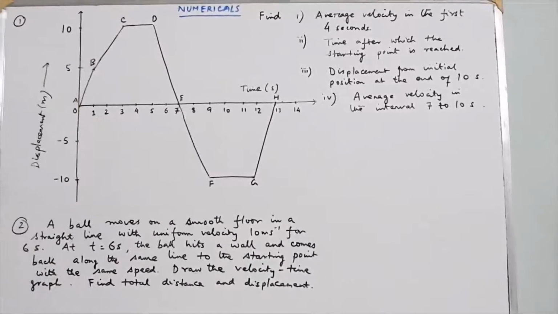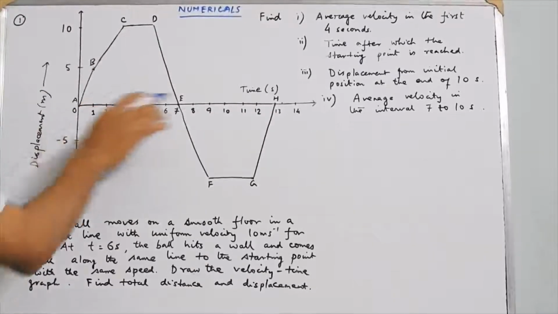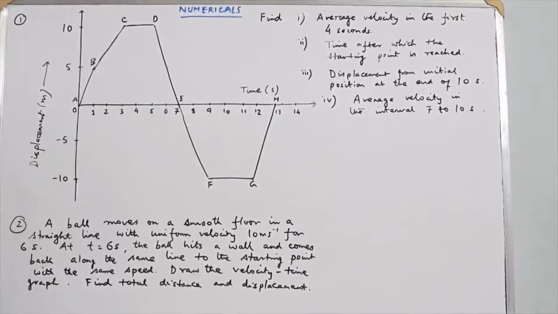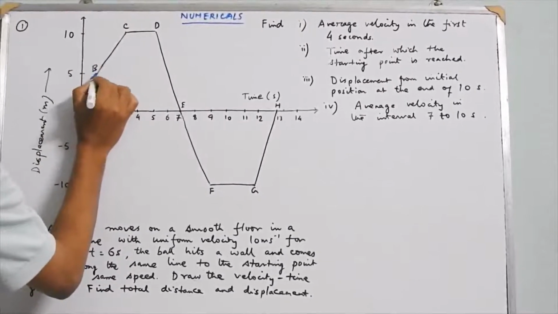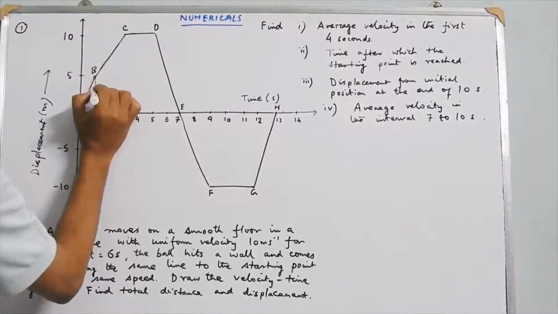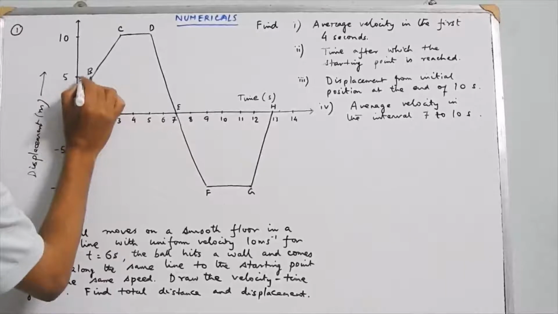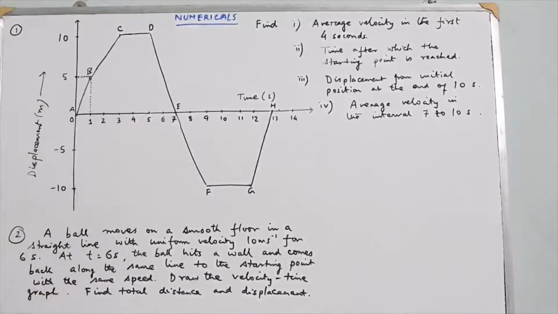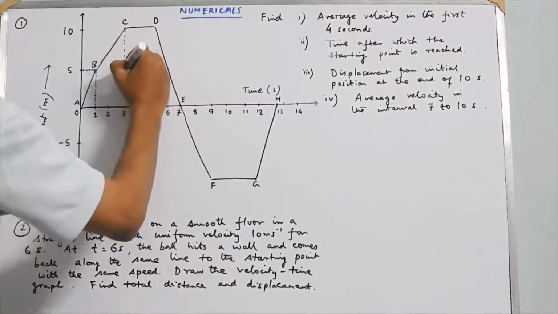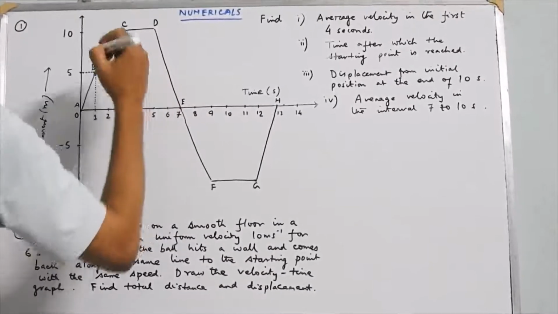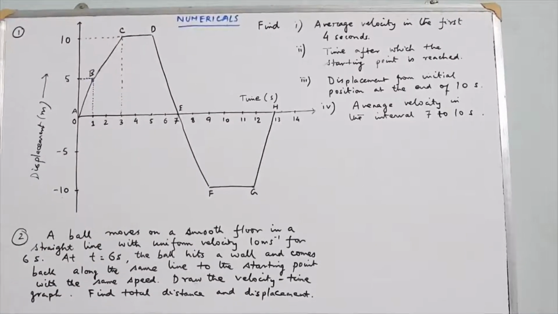So if I try to relate the points with the corresponding time and the displacement, it will be of this form. For point B, if I drop a perpendicular, it is associated with 1 second, and here it is 5 meter displacement. Point C is associated with 3 seconds and the corresponding displacement is 10 meter.